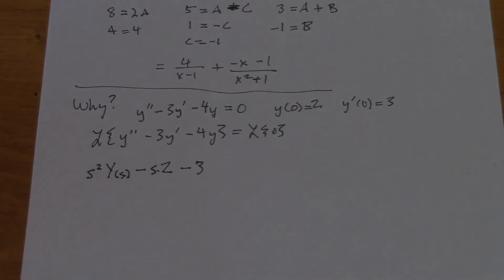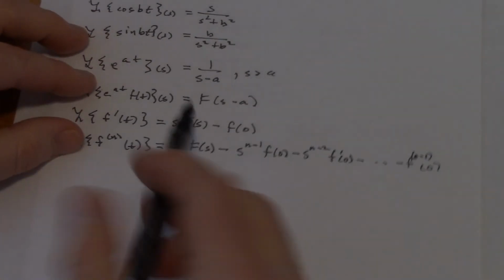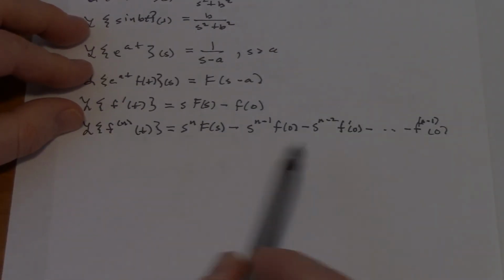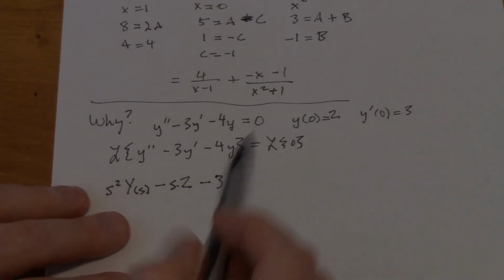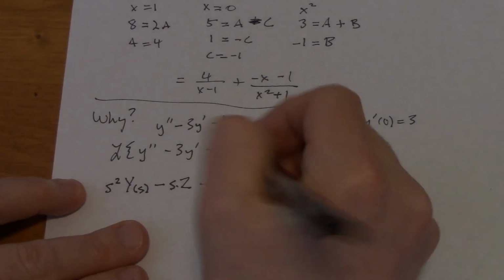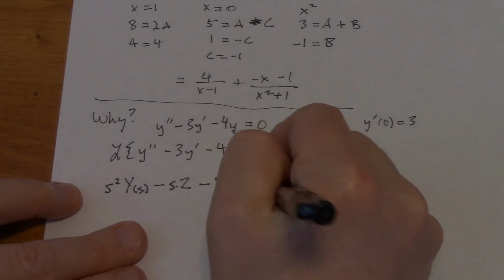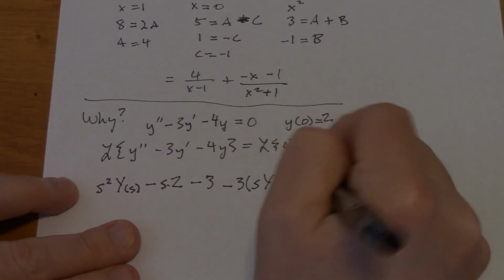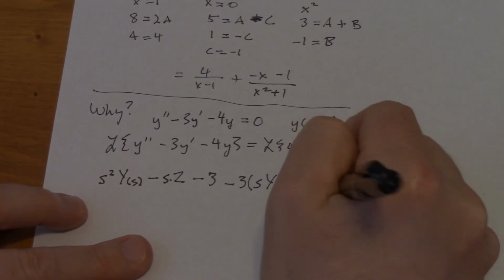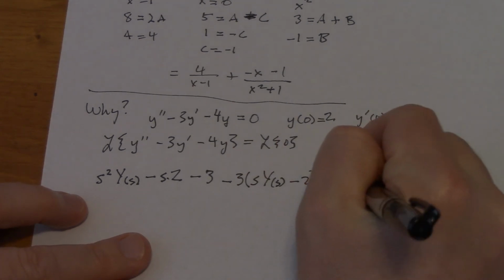So all that is the Laplace transform. So let me get the table out again, and you can kind of see. So all that is just this thing with 2 plugged into it. And then minus 3. And then the Laplace transform for y prime is going to be s Y of s minus 2. And the Laplace transform for 4y is just 4 Y of s.